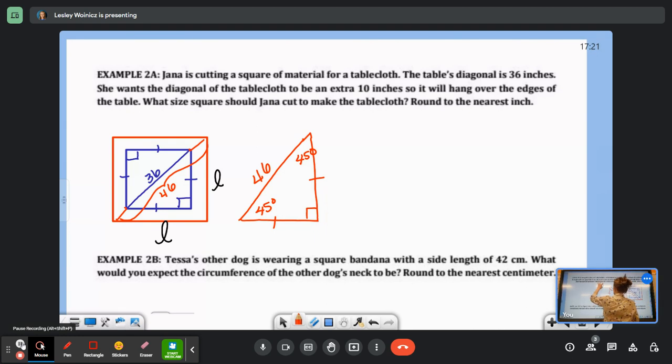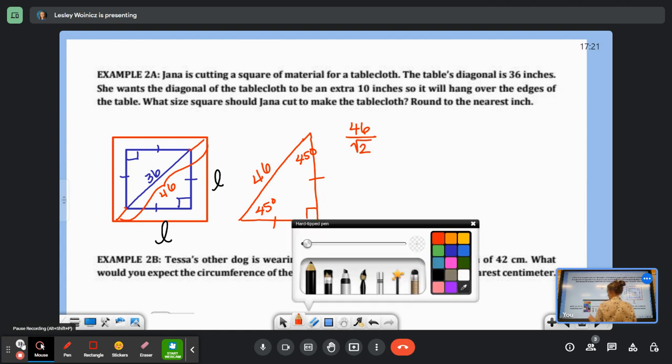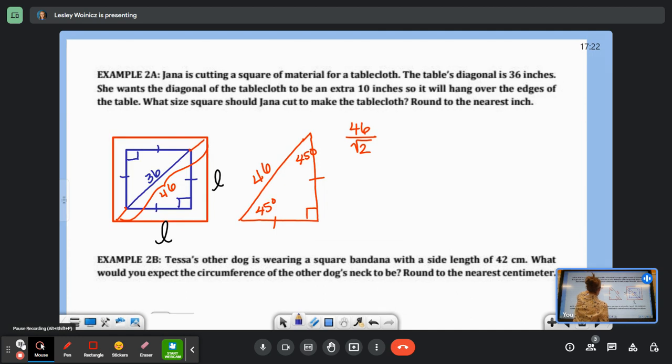So I'm going to take 46 and divide it by the square root of 2. So that means I have to multiply top and bottom by root 2 to rationalize. That gives me 46 root 2 over 2.